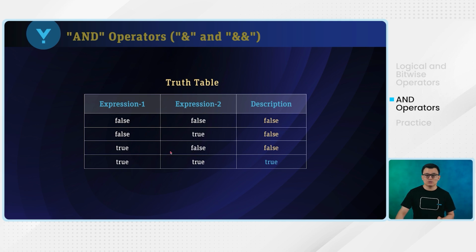The only time you will get true is if both expressions that you give with the AND operator are true. This logical AND operator is mostly used whenever we need to create conditions that include terms such as both. If both conditions are met, then it will return true. Otherwise, it will return false.